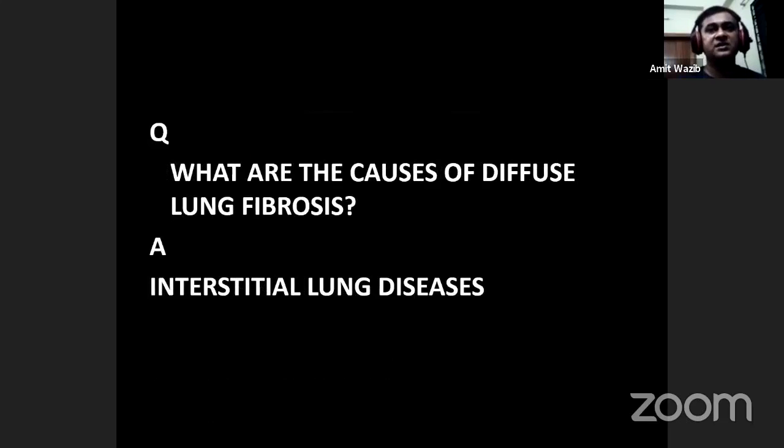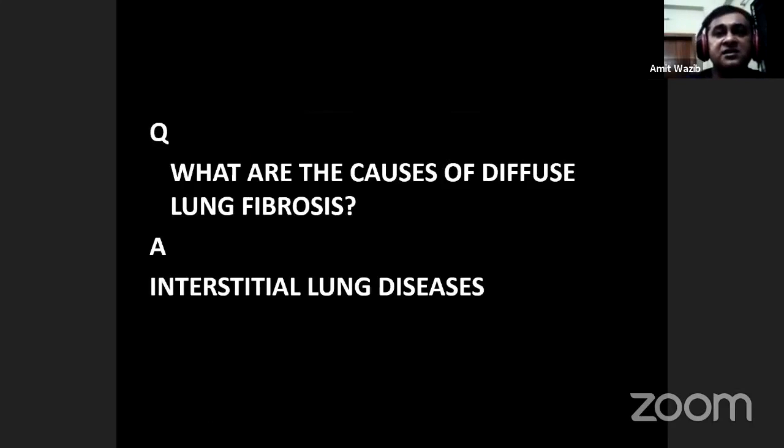So in these interstitial lung diseases, there will be diffuse fibrosis of both the lungs, usually symmetrically. And in interstitial lung diseases, you will not get the typical features of localized lung fibrosis. The only sign of diffuse lung fibrosis or interstitial lung disease is bilateral crepitations. And symptom is usually dyspnea.